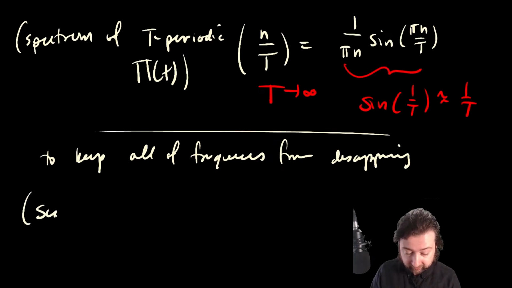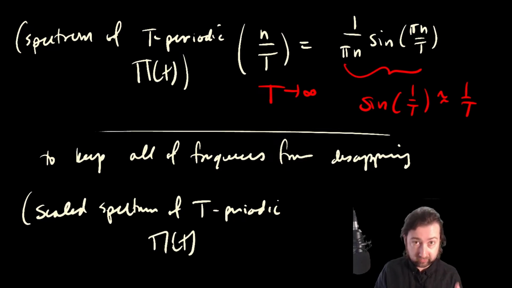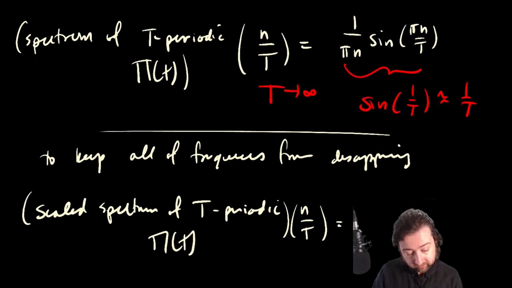So we'll call that the scaled spectrum of a t periodic function, pi of t, which is the rectangle function, evaluated at n over t is equal to t times 1 over pi n times the sine of pi n over t.